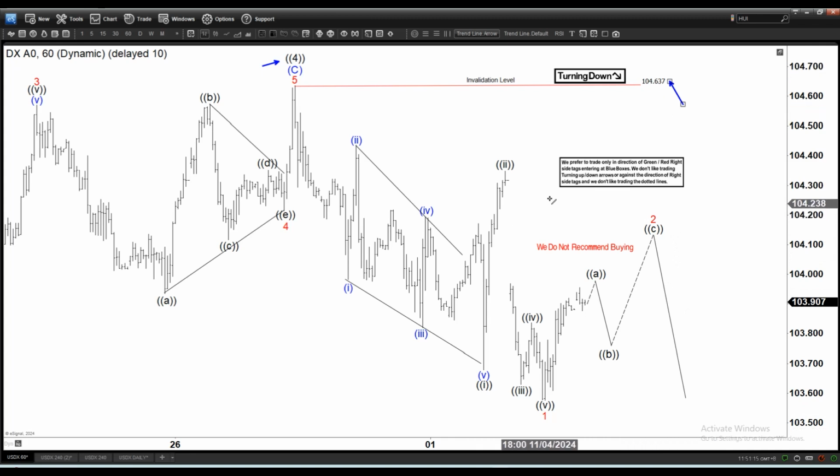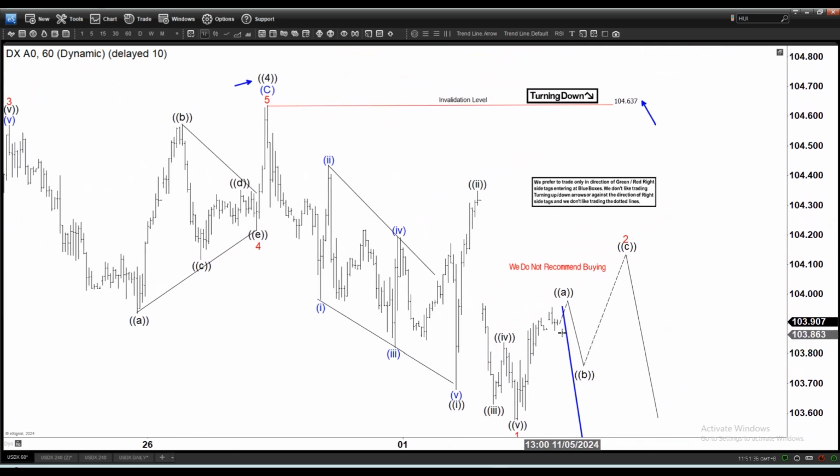Now, for example, let me show you one possible option in which we can just go down straight from here, right? You can just label ABC like this, and then we just go down straight without having to exactly do this and this. Or we can do WXY.